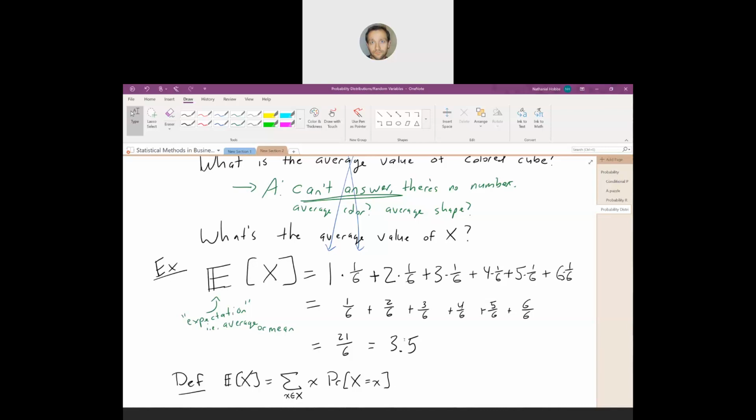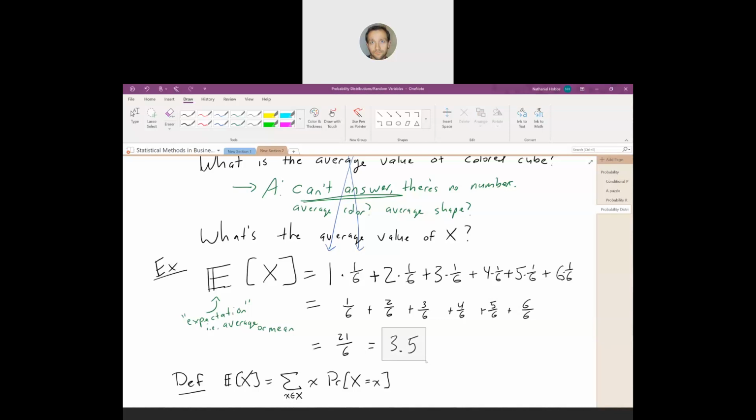But what it means, from the frequentist point of view, is that if you were to roll a die 10 times and you add up the number you got on the first time, the second time, the third time, the fourth, fifth, sixth time, and you do it 10 times and then divide by 10, that number would be close to 3.5. So it's the sum of the outcomes divided by the number of times you tried.